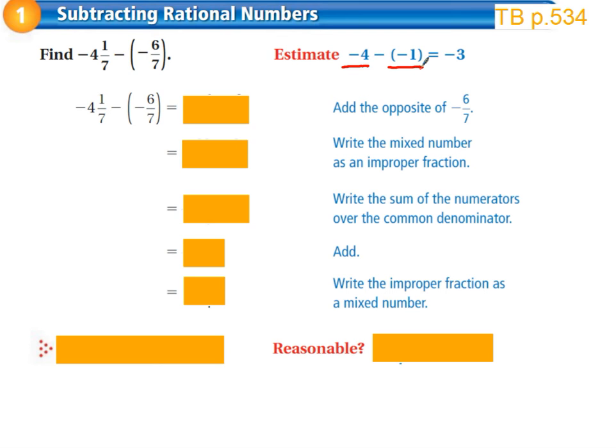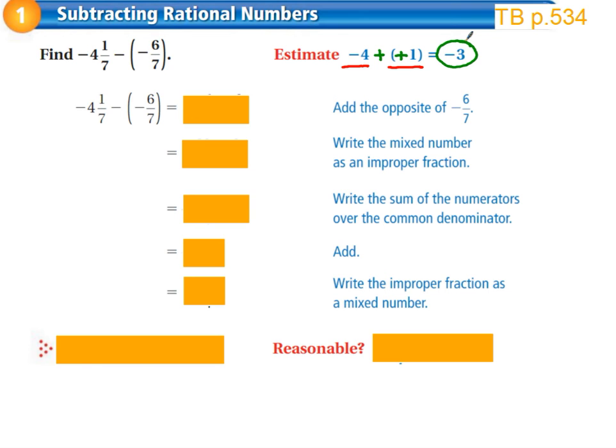So if I did negative 4 minus a negative 6, remember we add the opposite. Negative 4 plus 6 is equal to 2 because we subtract since they're different signs and then keep the sign of the number with the larger absolute value.